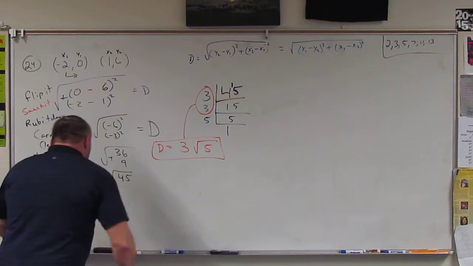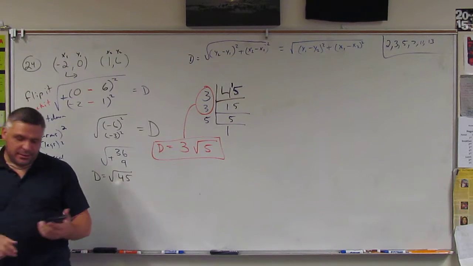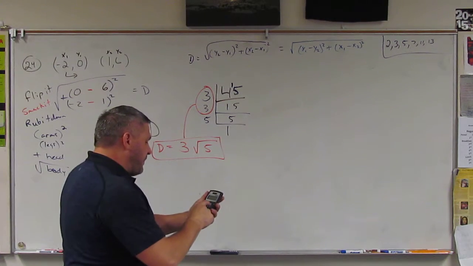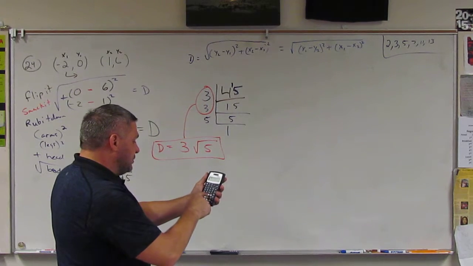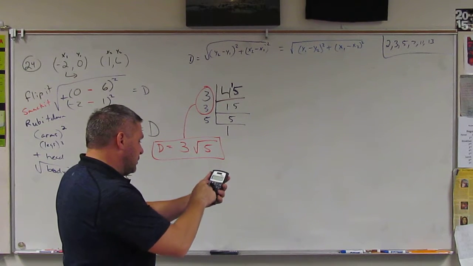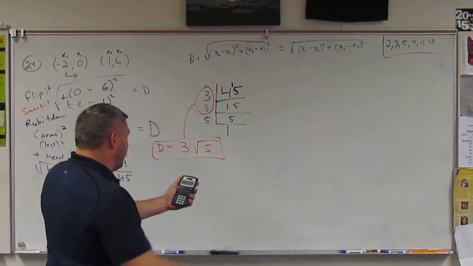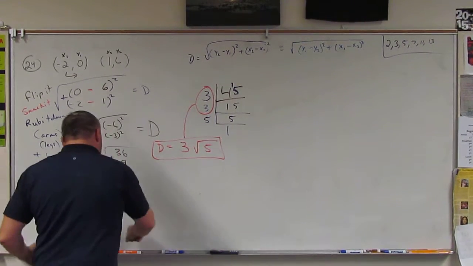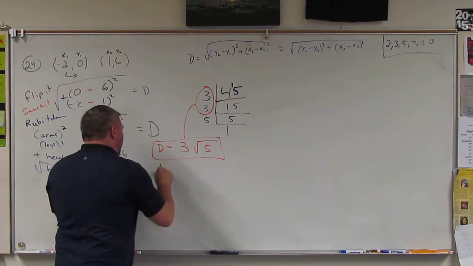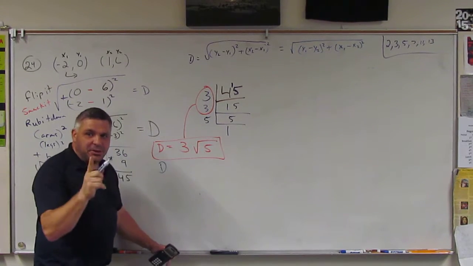Now, you'll go into your calculator and you'll type in the square root of 45. Hit equals, right? And that pops out a number. And this is the difference. Notice the difference here.